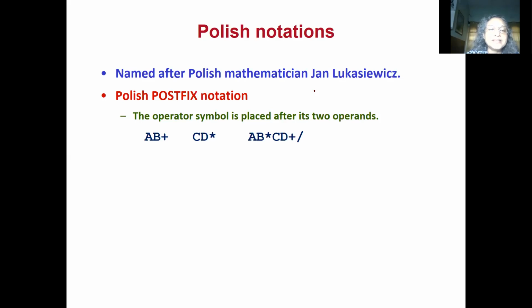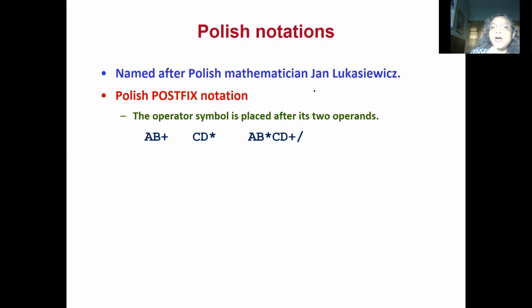So let me just clean this up. So what does this say? You take A as the next token, that is the next character in the string. Now A can be an operand like A, B, 4, 5, 15, 20, or A can be an operator like plus, star, slash.